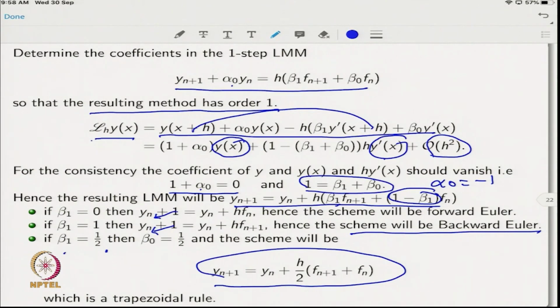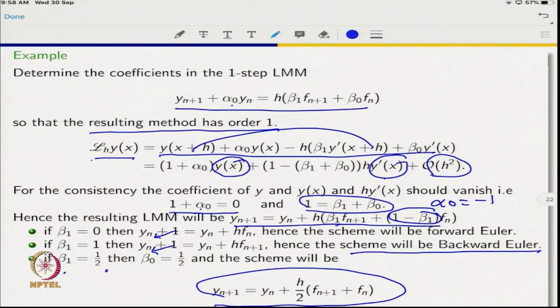And fortunately you will see, if you expand this series and collect the terms of y dash x, one term will come from here. So, this will be h square by 2 y double dash x, and one term will come from here, h beta 1 h into y double dash x.